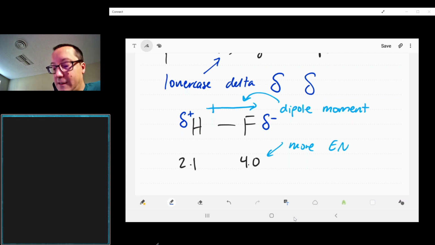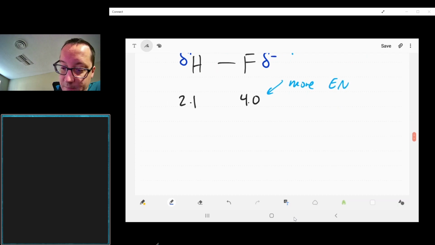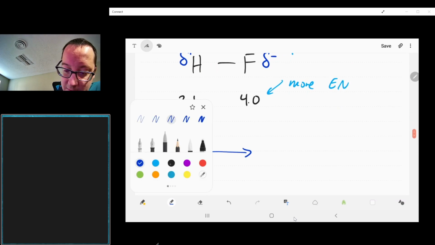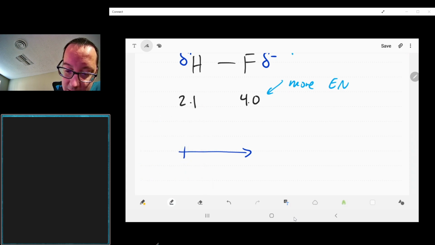And this little dipole moment arrow has a little kind of hatch, I guess, on the back to show the positive side, and then the arrowhead is towards the negative side. So if we're looking at the dipole moment arrow, this side is the positive side, since it's got the little plus part, and this side is always going to be your negative side.